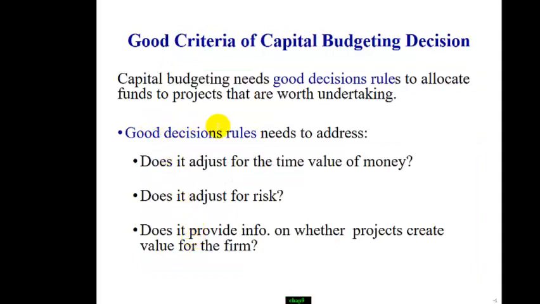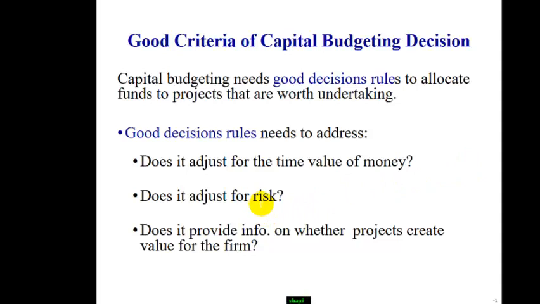A good decision rule will help us separate bad investments from the good ones. They are able to address issues such as: do you consider the time value of money, the timing of when you receive $1,000? Doesn't it matter whether you receive it at year 1 or year 3?